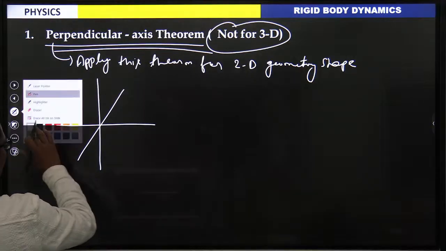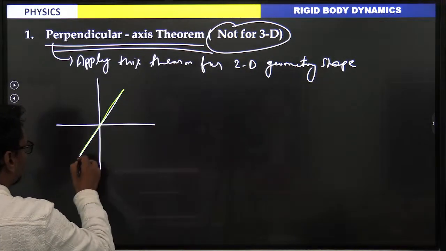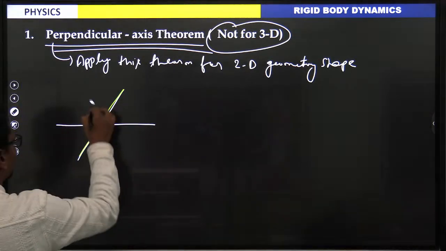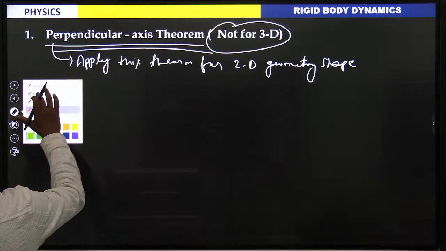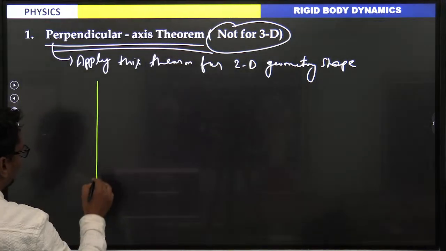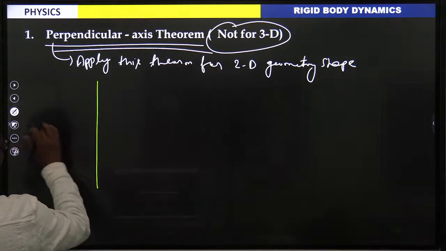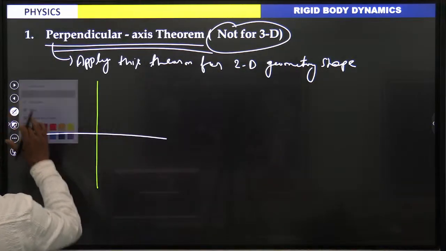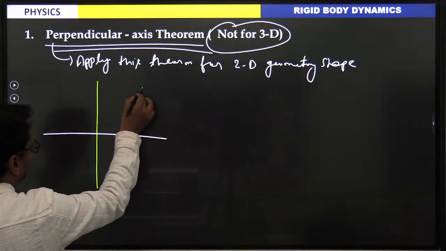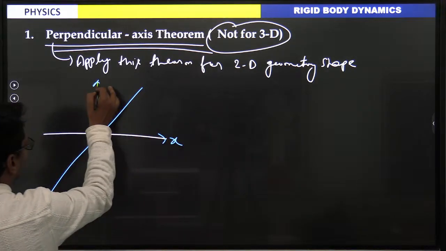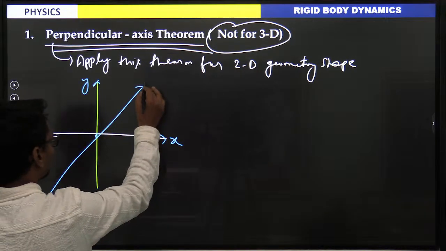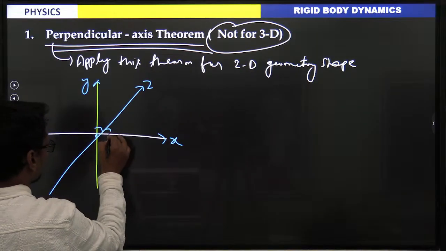Make these axes with separate colors for easy understanding. This is axis 1, this is axis 2, and this is axis 3. Let's say this is x, this is y, and this is z. You can look here.